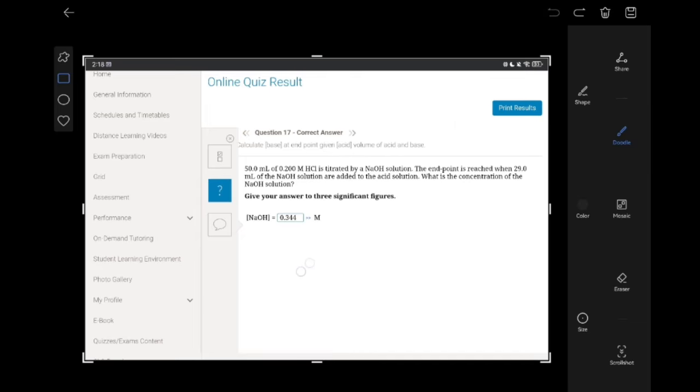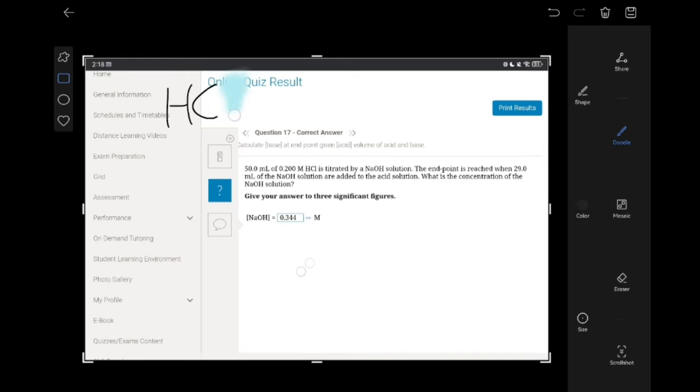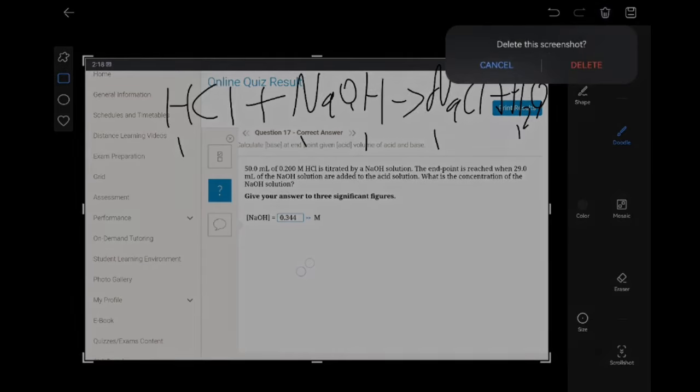So look here, for HCl, it's also a 1-to-1 ratio. Look, HCl plus NaOH gives you NaCl plus H2O, 1 O, 2 H, 2 H, 1 Na, 1 Na, like that. It's 1-to-1.